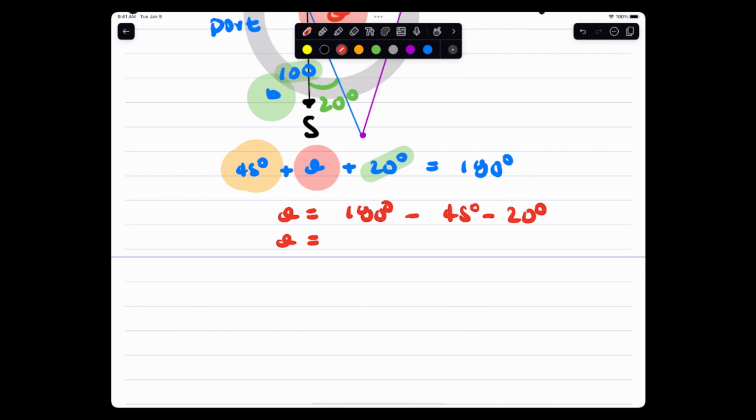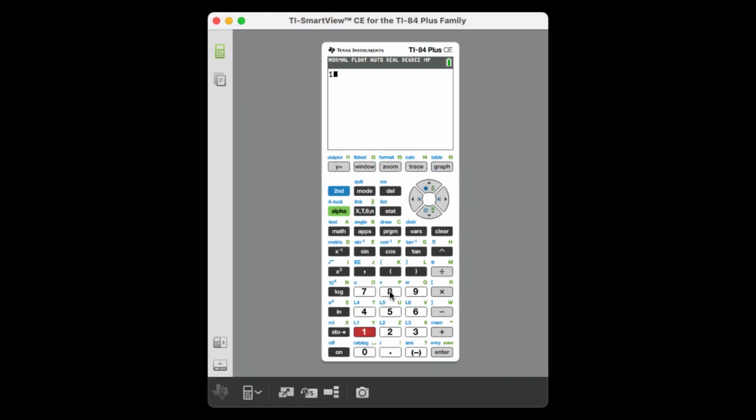So what is that going to give you? That's going to be what? 180 minus what? 45 minus what? 20. And that gives you 115 degrees. Okay.